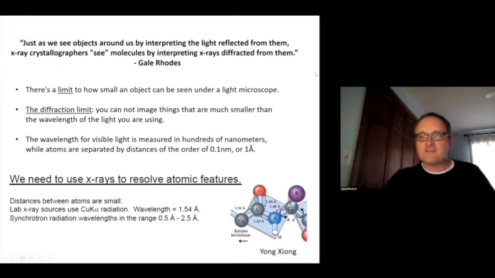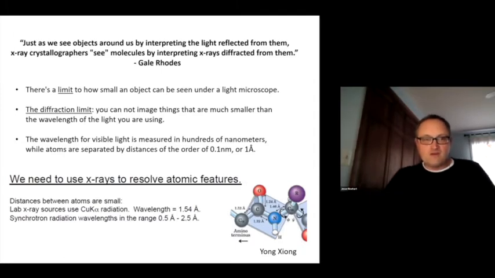So the first thing I like to start with is, why do we need these techniques, right? Why are there fields and technologies and complete disciplines and departments in universities and all over dedicated to this information?